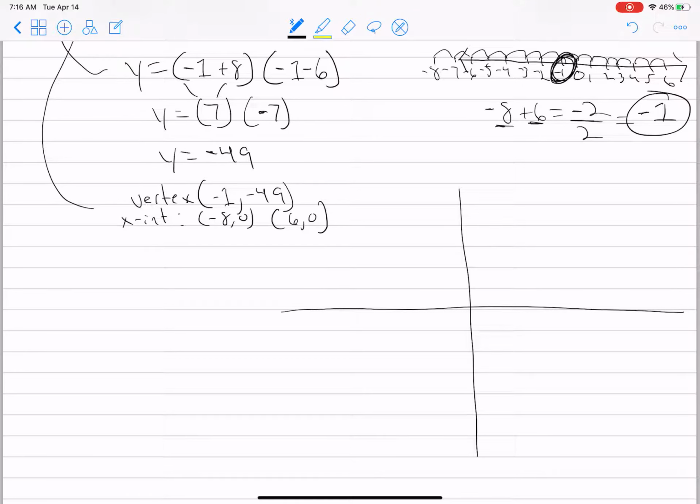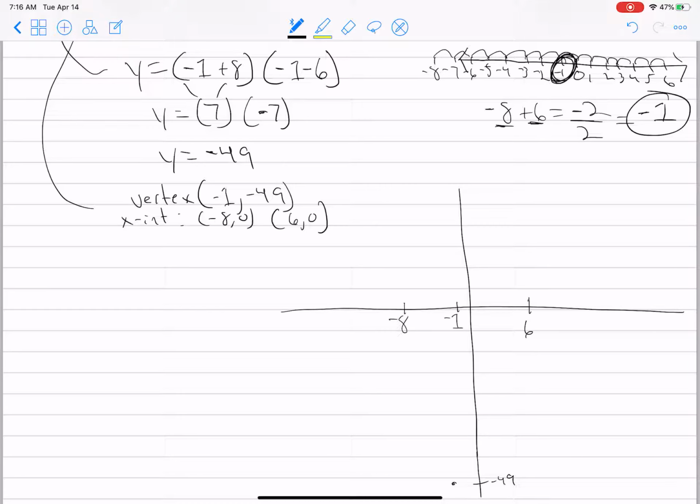X is -8, we'll say -8 looks like here. X is 6, we'll say 6 looks like here. My vertex is at -1, we'll say -1 is right here. And the y of the vertex is at -49. Now obviously -49 would be way down, but we're just going to show -49 is about here.